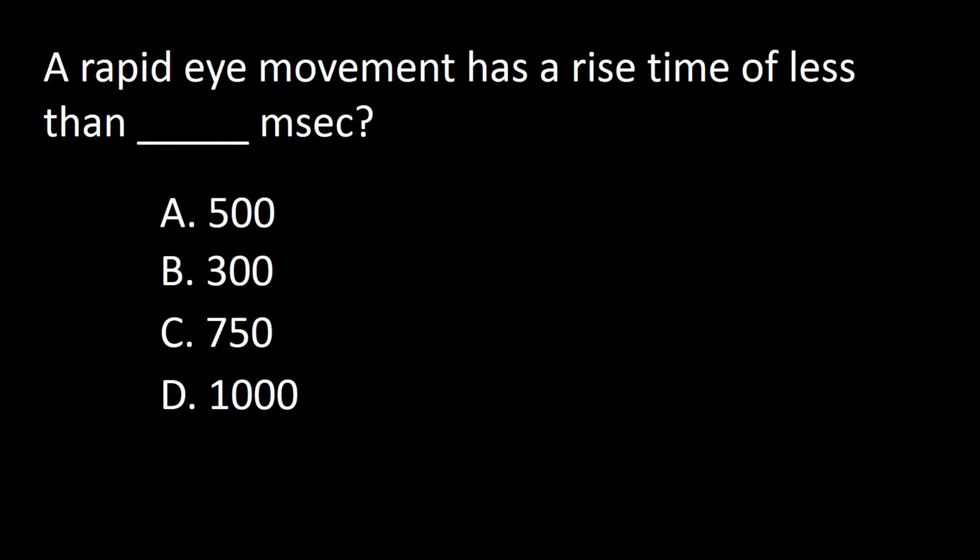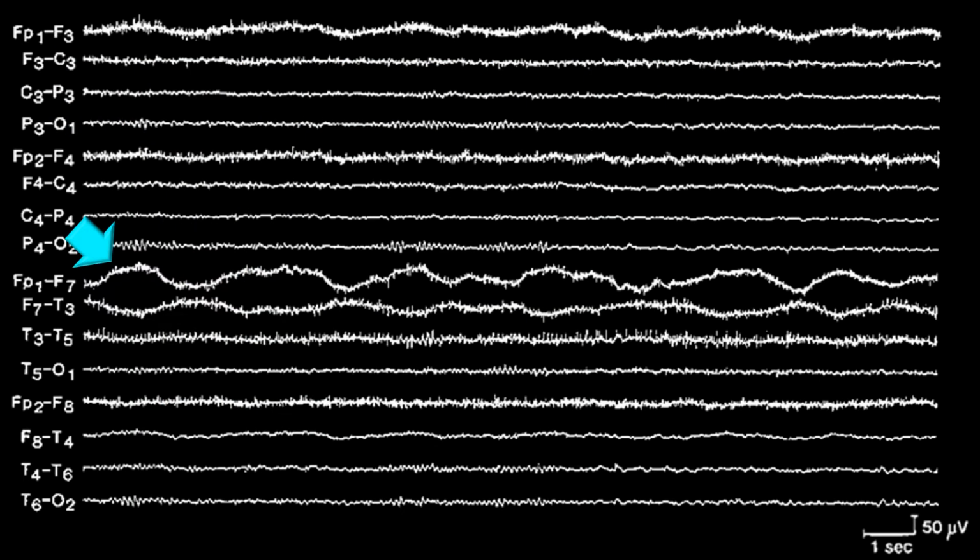Next question. A rapid eye movement has a rise time of less than dash milliseconds. A 500, B 300, C 750, D 1000. This frame shows slow eye movements, indicated by the arrow.